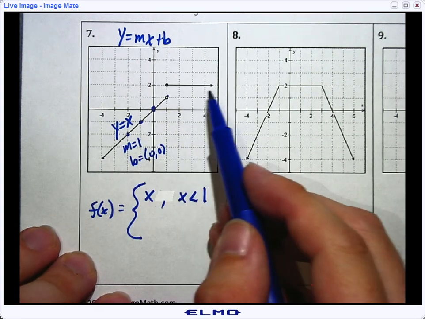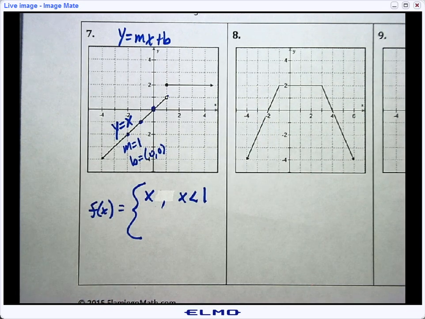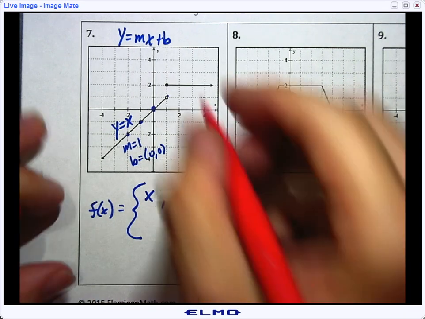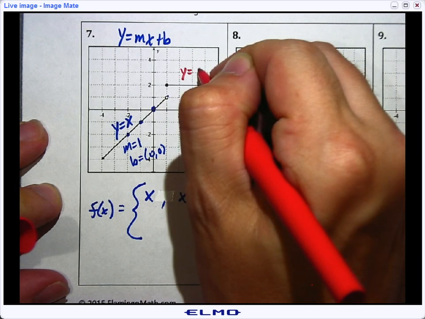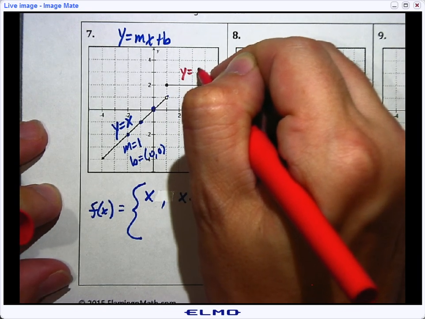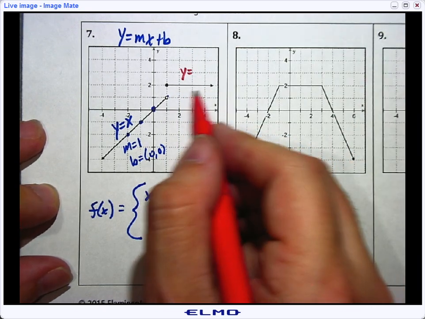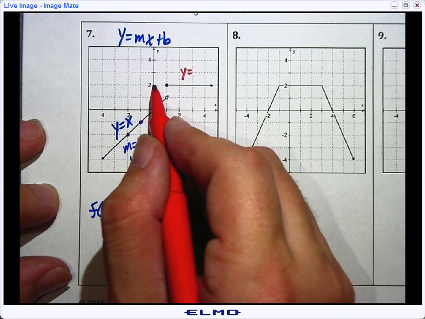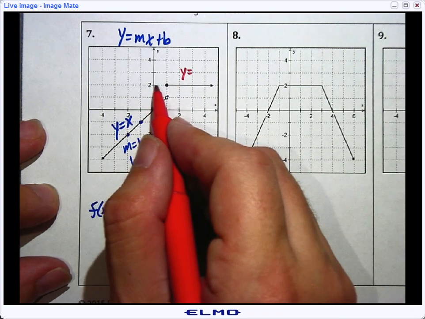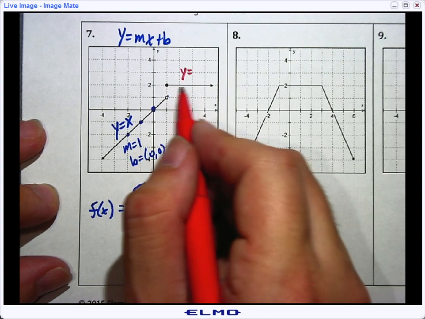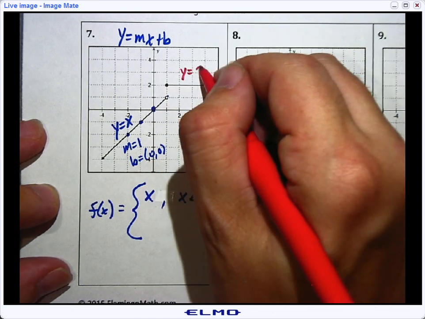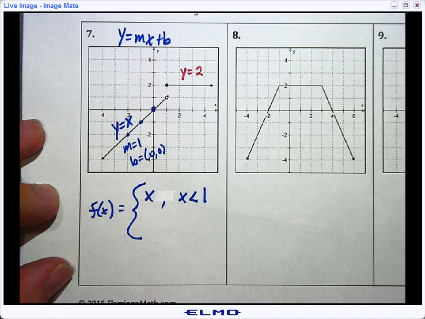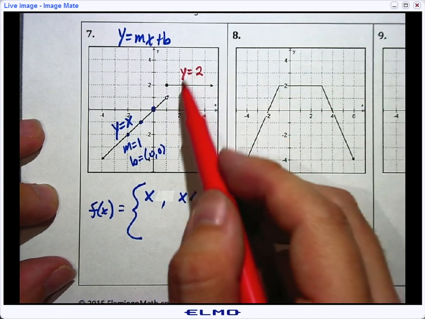Now if I look at this line, this is the horizontal line. Horizontal lines are always of the form y equals some number. And that number is where the line would cross the y-axis. If this one kept on going, it would cross the y-axis at 2. So the equation for this line is y equals 2. Now, what x values do I use this line for?